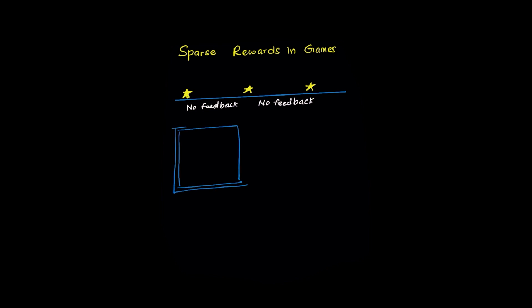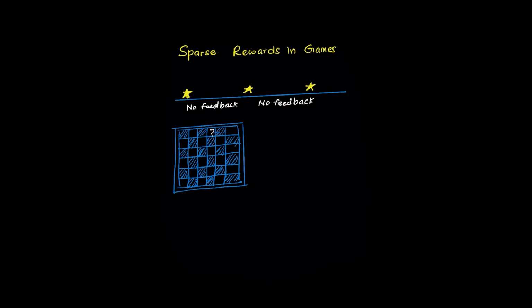Sparse rewards represent one of reinforcement learning's biggest challenges in gaming environments. In many games, rewards only come at major milestones like completing a level or defeating a boss, with long periods of no feedback in between. Imagine learning to play chess where you only get feedback when the game ends, not for individual moves.